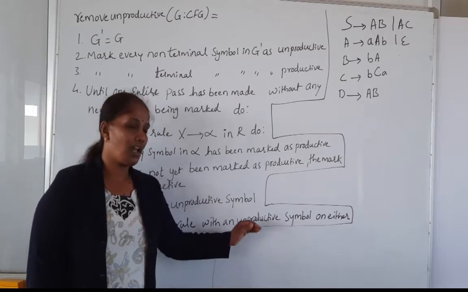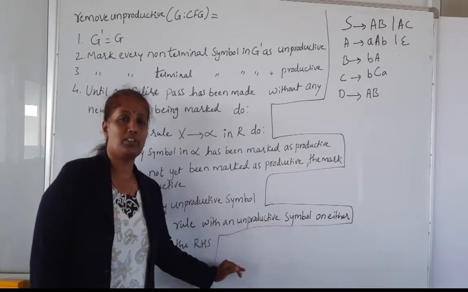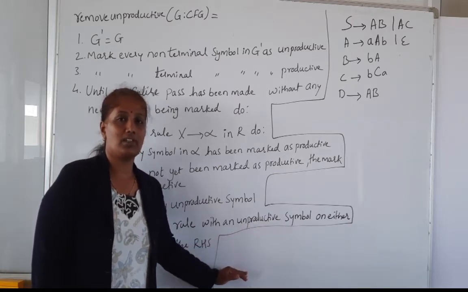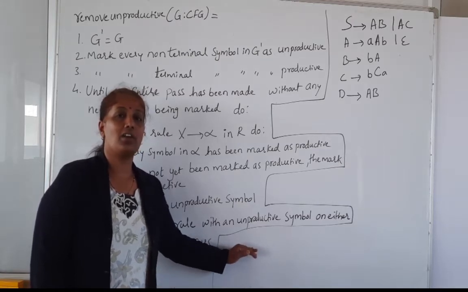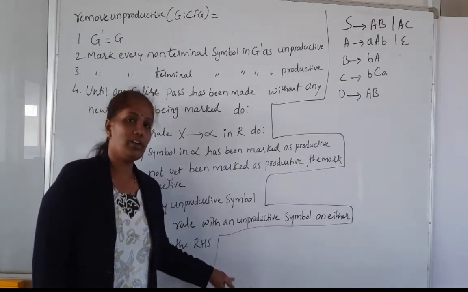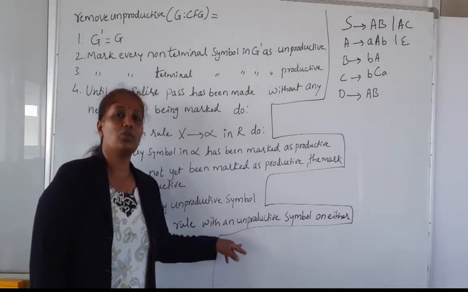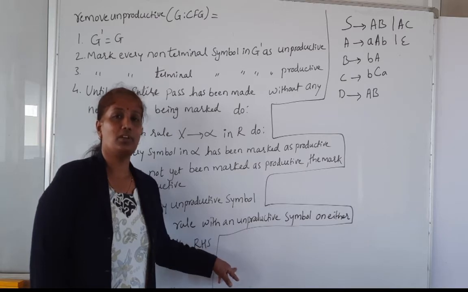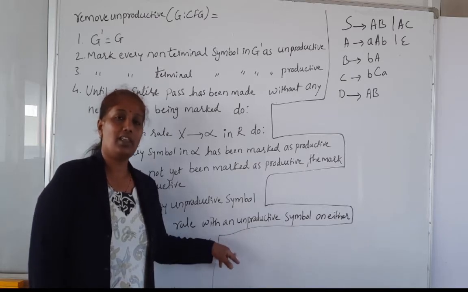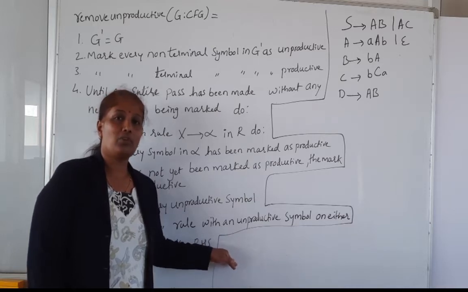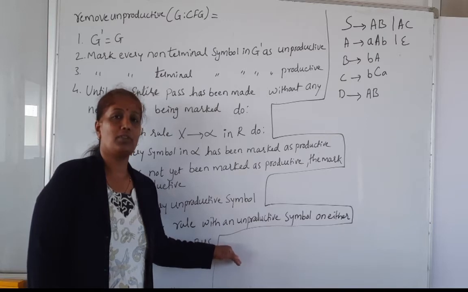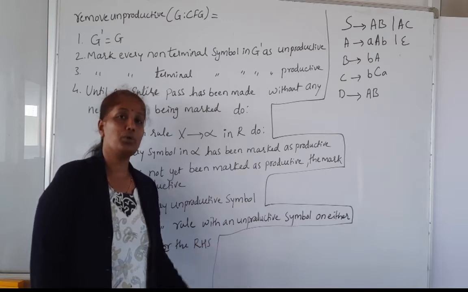In the grammar, you are going to write terminal symbols as well as non-terminal symbols. The terminal symbols are the productive symbols because they are generating the strings for a particular language, whereas non-terminals, whatever you take, come under the unproductive symbols. So among these symbols, you are going to mark the productive symbols and remove the unproductive symbols from the grammar. So how to do that?